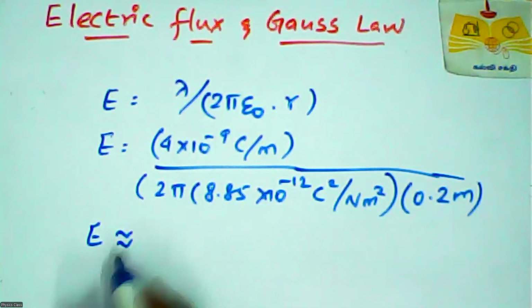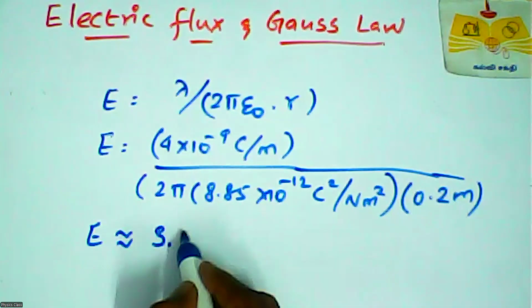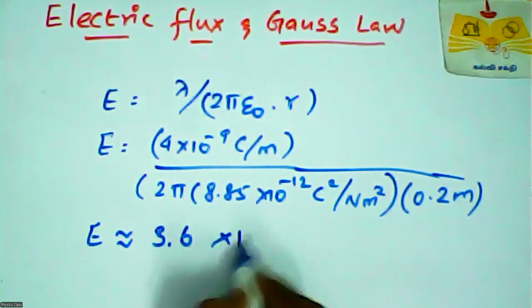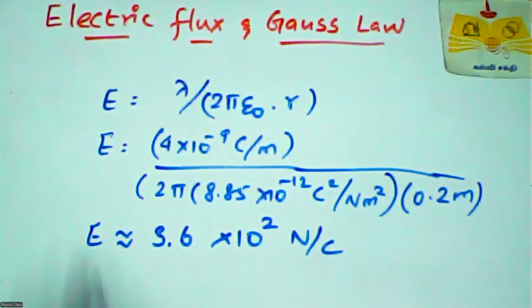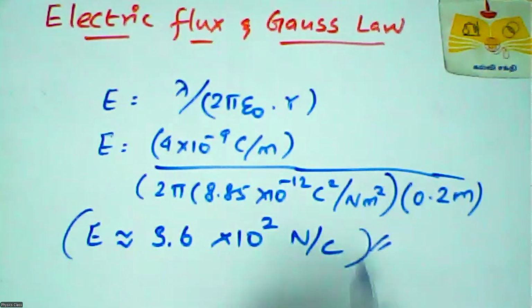We will get approximately 3.6 into 10 power 2 Newton per coulomb. This is the final value. Please note it down: the electric field at a distance of 0.2 meter is 3.6 into 10 power 2 Newton per coulomb.